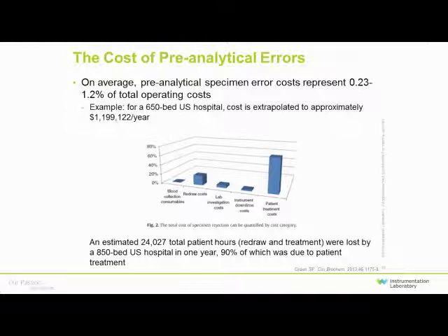If you look at the breakdown of the cost, most people would think that the redraw costs, the second bar here, would be higher. But really, it's the patient treatment costs that are most. And so it's been estimated that over 24,000 patient hours, which may be from redraw or treatment, were lost in an 850-bed hospital in 1 year. And 90% of those were due to patient treatment.